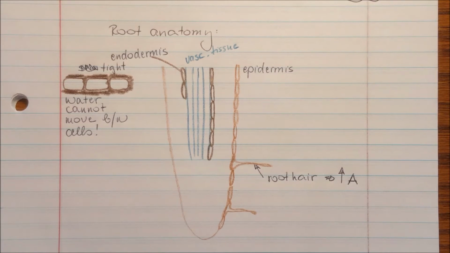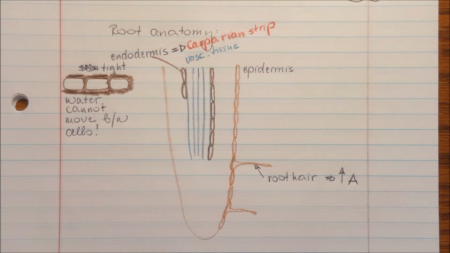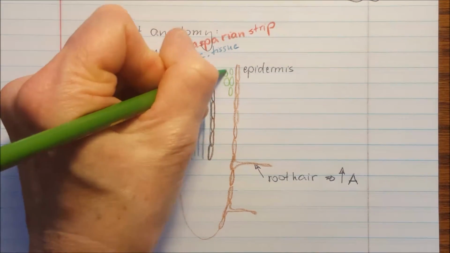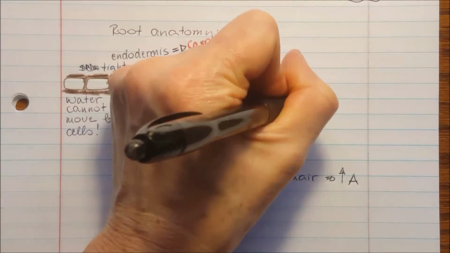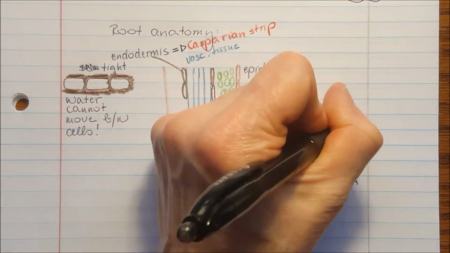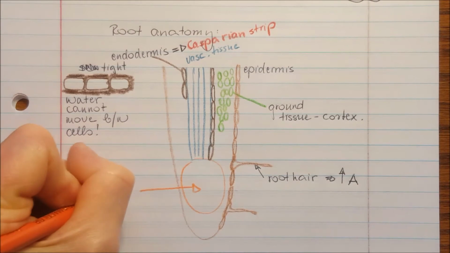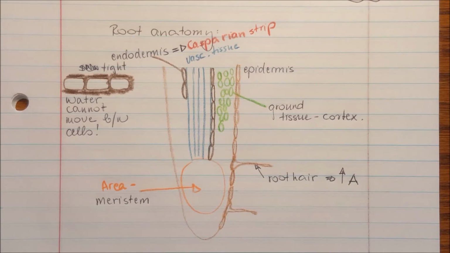Only water can get into the vascular system. It cannot leave it. The endodermis forms the Casparian strip, a waterproof material that controls the water and nutrients that enter the vascular system, and ensures that nutrients do not leak out.